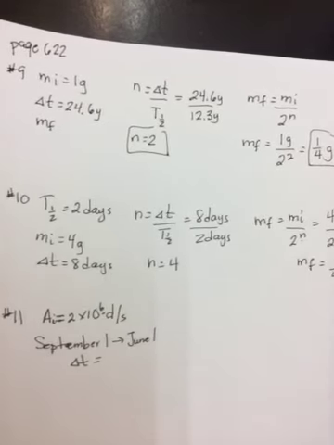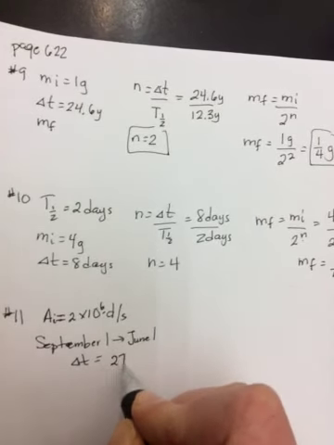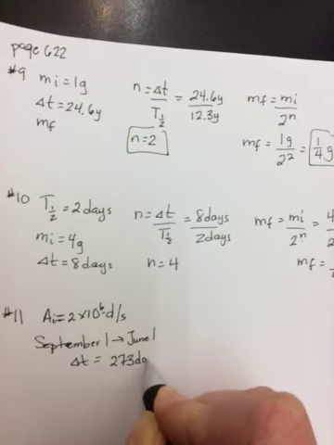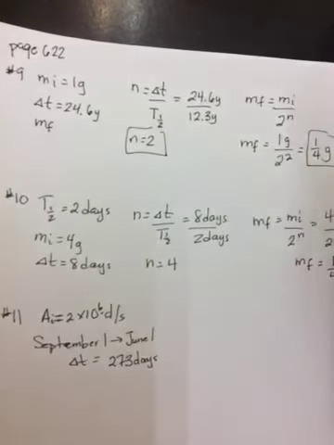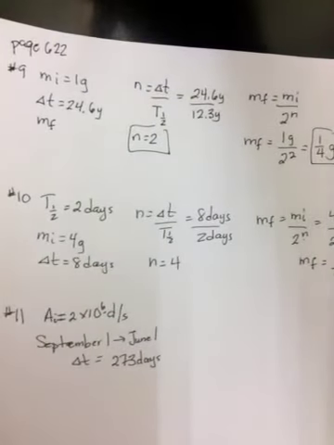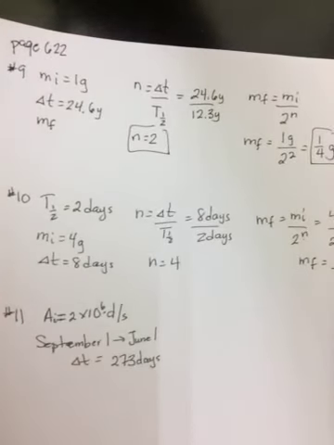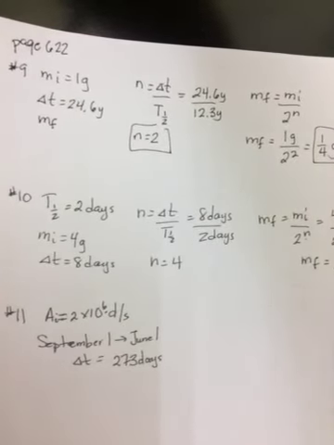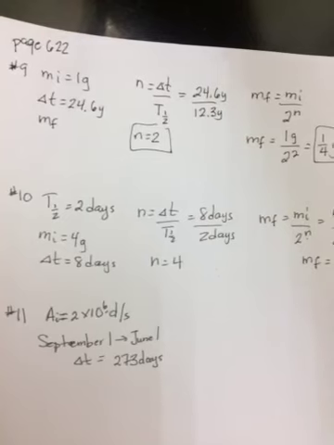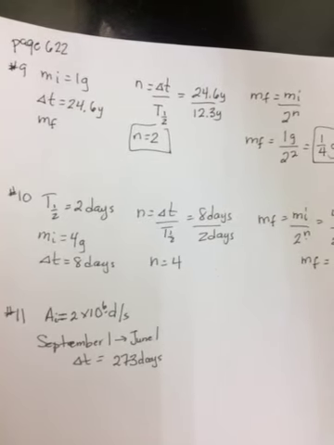I think it's 273 days. I think I did that right? And I trust you all know the song, 30 days has September, April, June, and November, all the rest of 31 except for February. But leap year comes once in 4 to give poor February 1 day more.